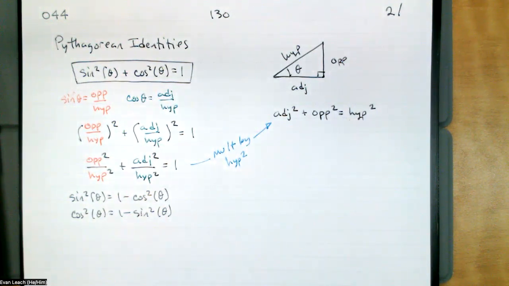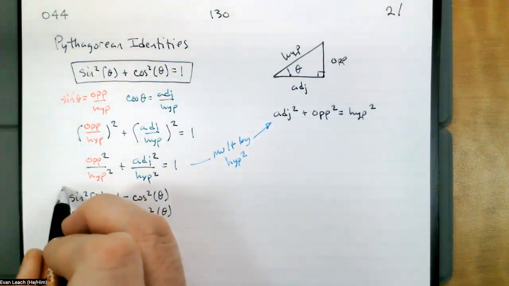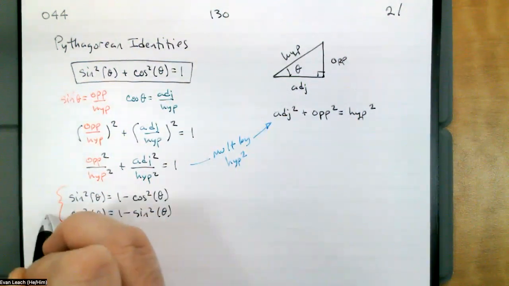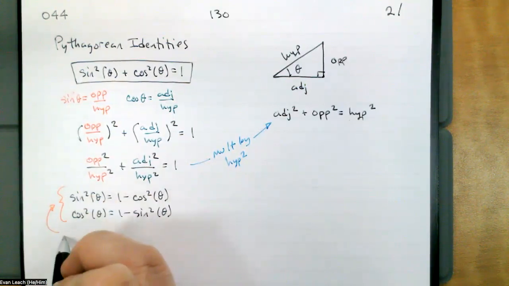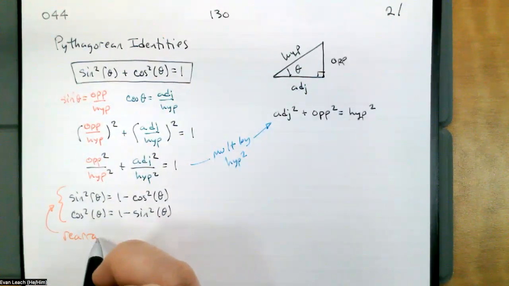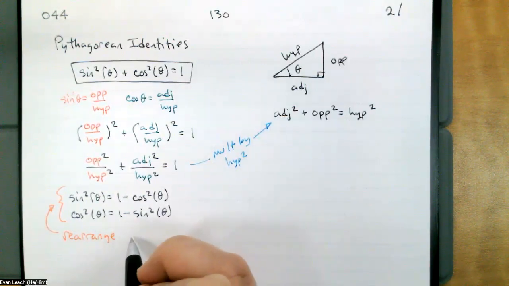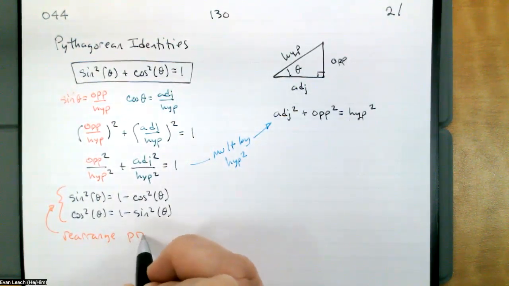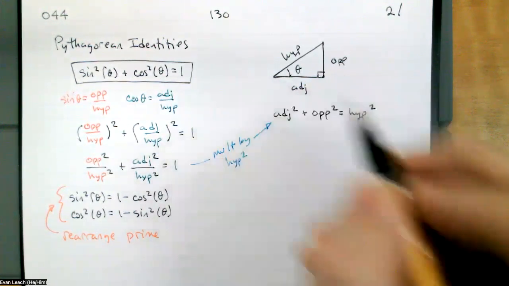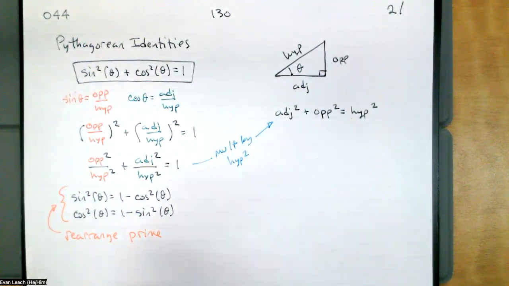We get this one just by rearranging. So just rearrange. I'm going to name this first one Pythagoras Prime.